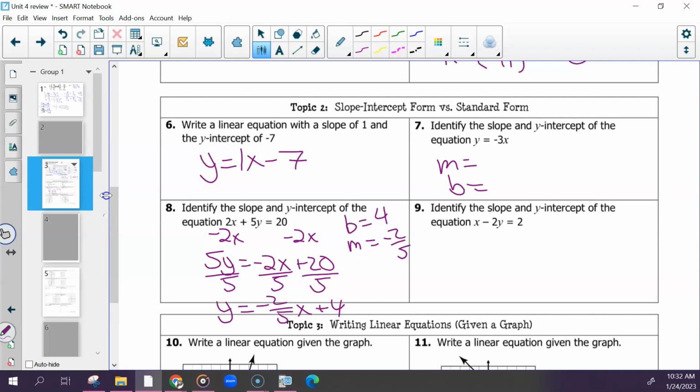Not the slope. I'm sorry, you were right. Yep, the slope is -3, yes. The y-intercept is, Cameron? It is 0. Right. On the next page.